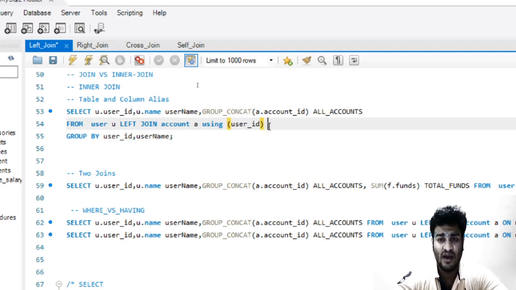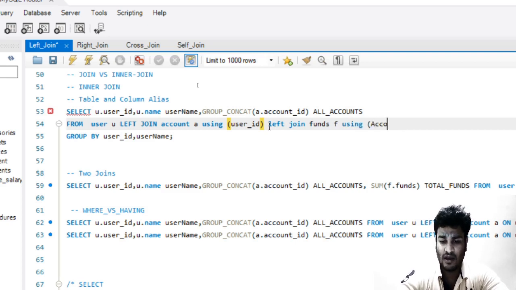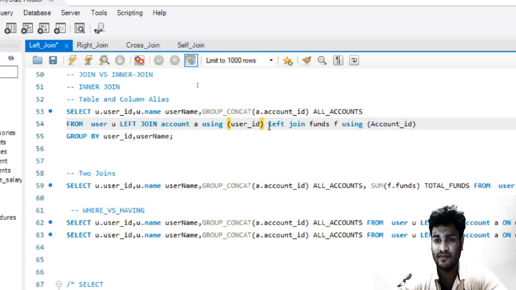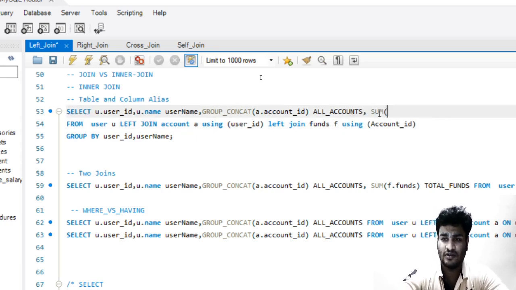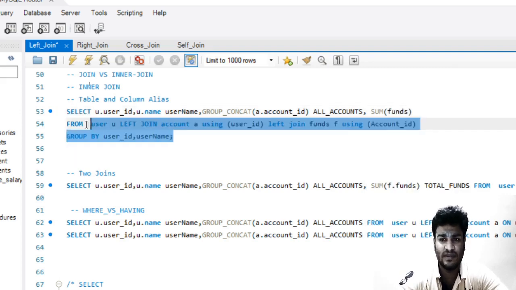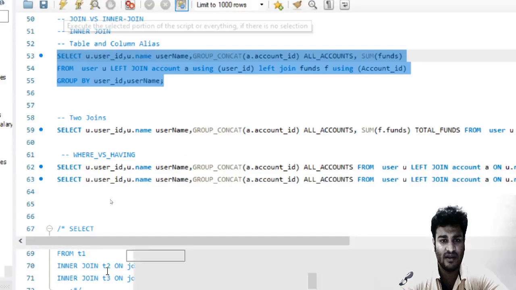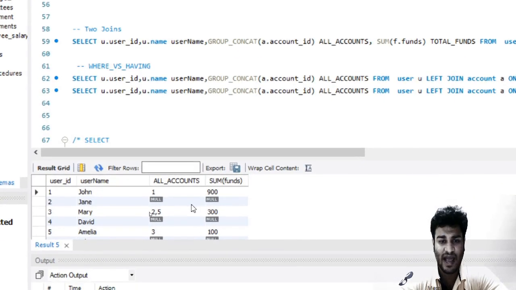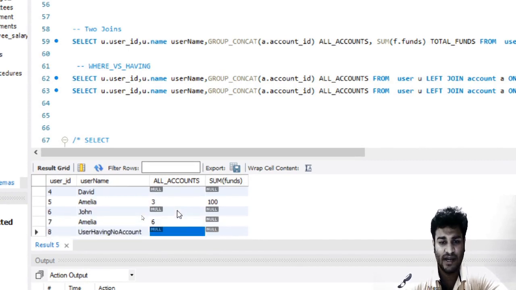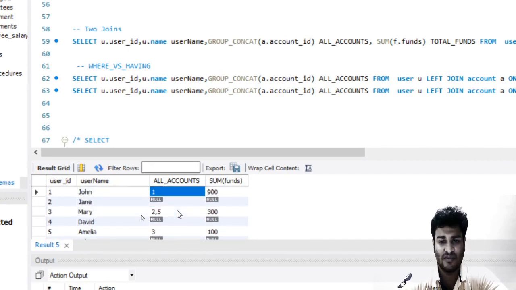Then we have again a left join with the funds table, where we mark it as funds and say using account_id, and then we put a comma over here and say sum of funds. If we write something like this and run it again, we will have a table and we will also have the sum of all the accounts, right? You can see over here that we are having a sum of all the accounts.